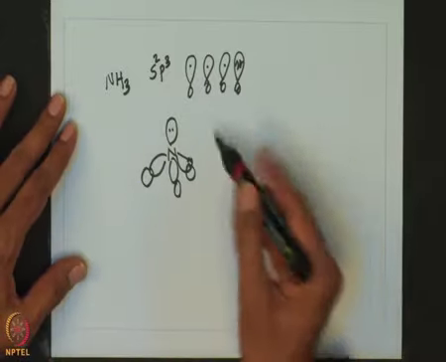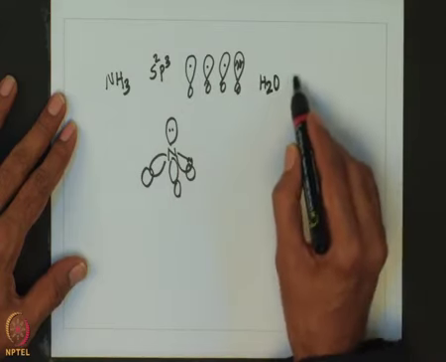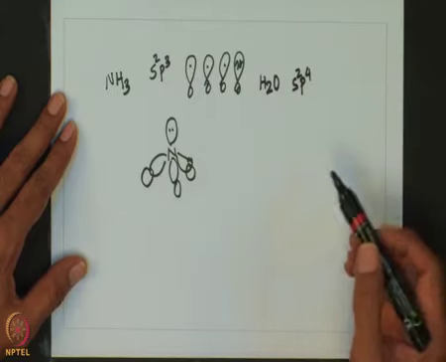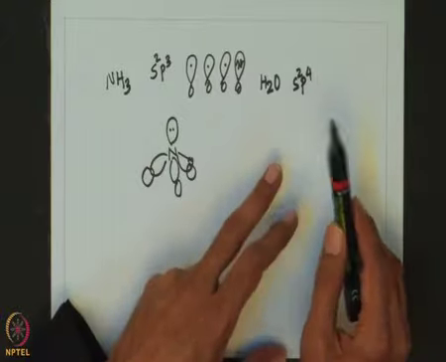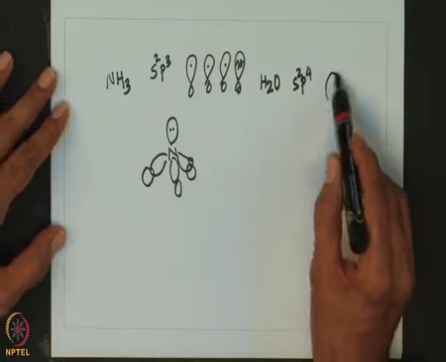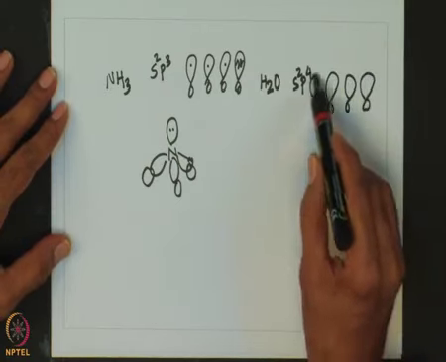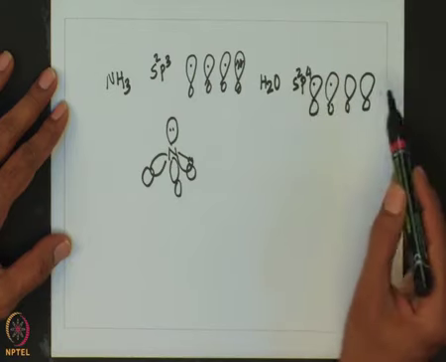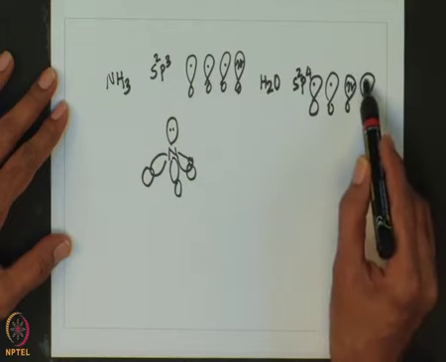And of course, in case of water it is even more interesting. Again we have s2p4 electronic configuration, that means we have a total of 6 electrons. When we combine s and p orbitals together to generate sp3 hybrid orbitals, we will have a situation like this, in which 2 sp3 orbitals will have 1 electron each, whereas the remaining 2 sp3 orbitals will have 2 electrons each.